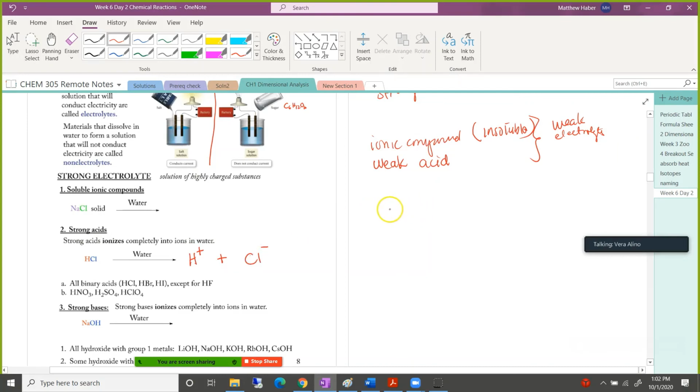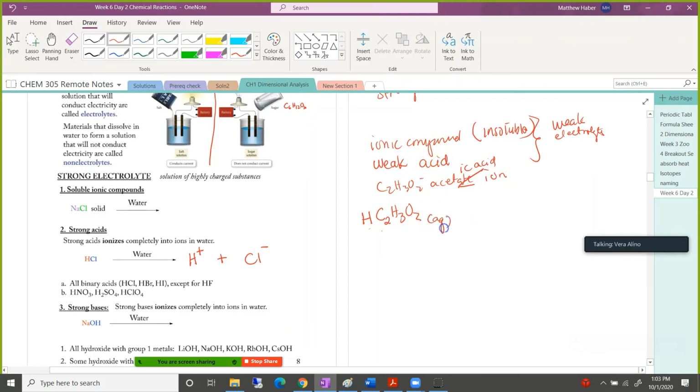Whereas if you have a weak acid, for instance, acetic acid, HC2H3O2. Remember, this C2H3O2 is your acetate ion. If you combine it with hydrogen, you're going to form an acid. And because it ends with ATE, it becomes ic acid, right? So acetic acid. This is the main composition of your vinegar.